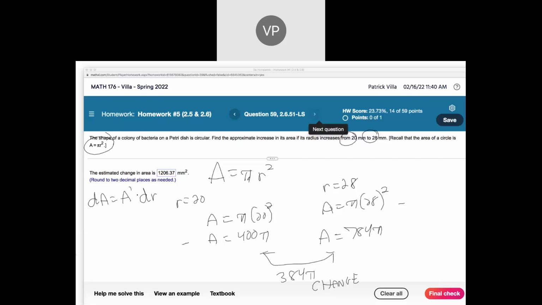If this is my r1 and this is my r2, just subtracting those, I know that delta r equals 8, or dr equals 8. That's how much it differed. So I've got this part okay. That's not a big deal. But I need to go find the derivative.